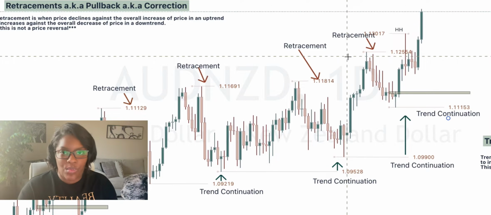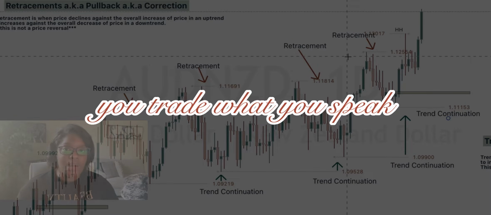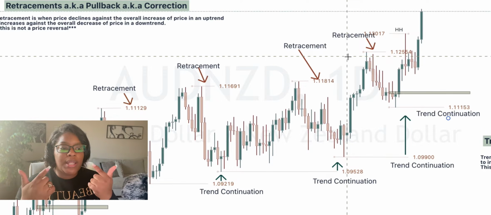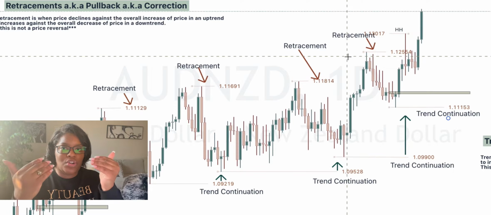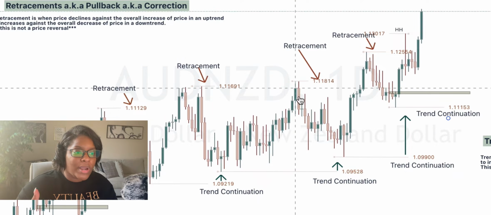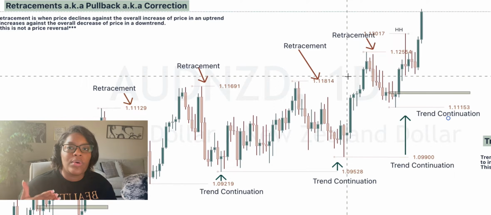Now, one of the things that I want you to always remember is you trade what you speak. So the moment we say price is going up, that means that price is in an uptrend, and that means that you are the buyer. Okay? Keep it as simple as that. Now, every time price was going up in its natural flow, we're going to call that a trend continuation move.